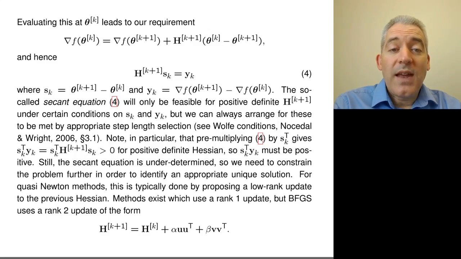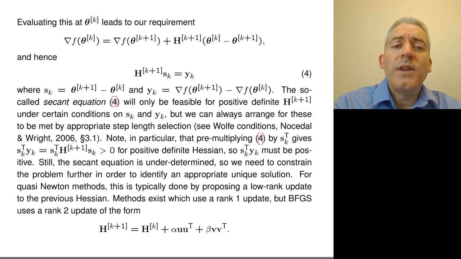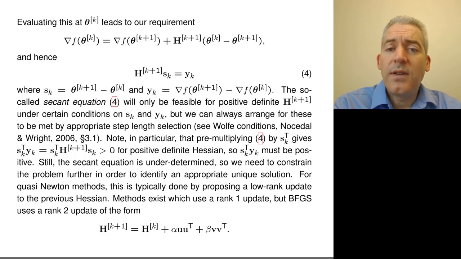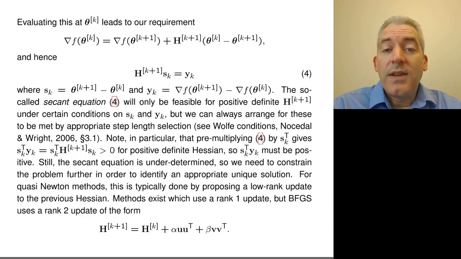Basically, if that equation is satisfied, then that's telling us that our estimate of the gradient at the previous point is exactly correct. So what we want to do is update our old estimate of the Hessian H_k to get H_{k+1}, and we want to do that in such a way that this secant equation is satisfied.